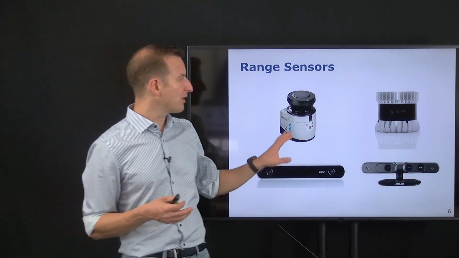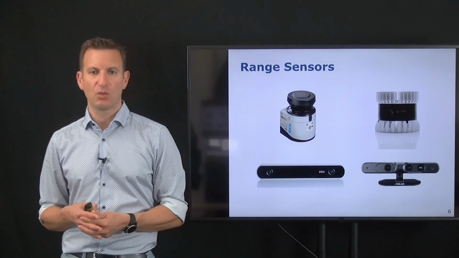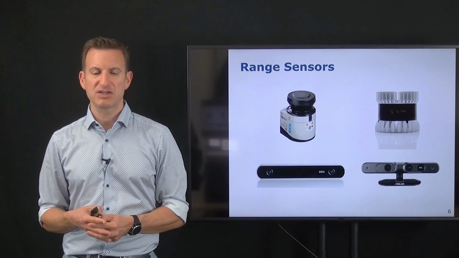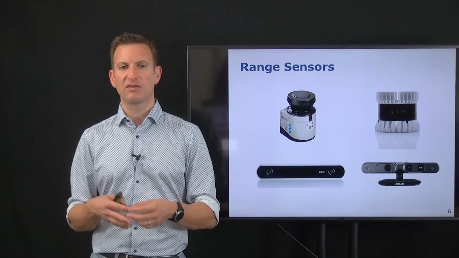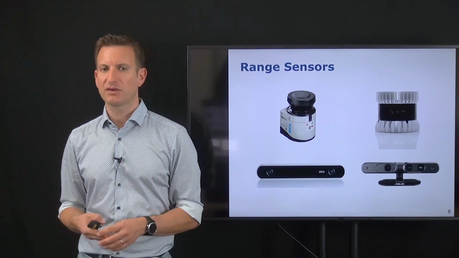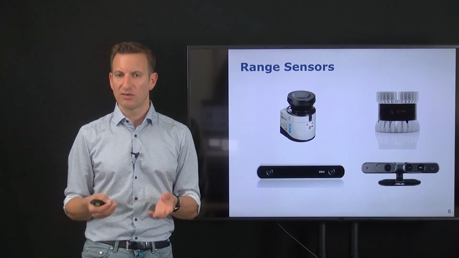So we don't really care right now which type of range sensor we are using. And of course, different range sensors will have different parameters and different noise characteristics. We want to look here just into the simplest form.